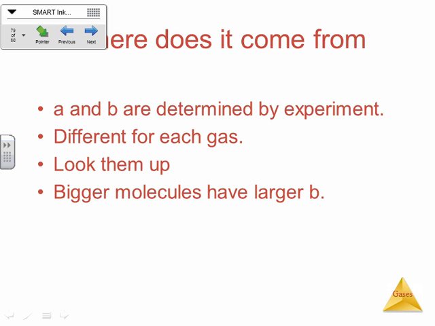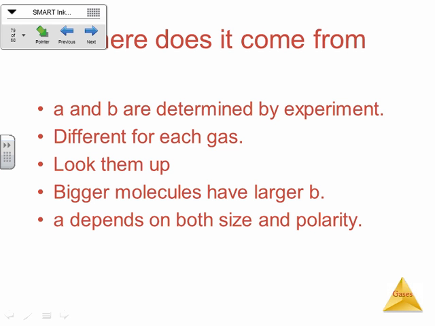Bigger molecules have a larger b, because that's the correction for the volume. A is going to depend on size and polarity, because that's the one that has to do with the intermolecular attractions for one another and the reduction of pressure. Once those are given to you, just plug and chug. That's how you do it.